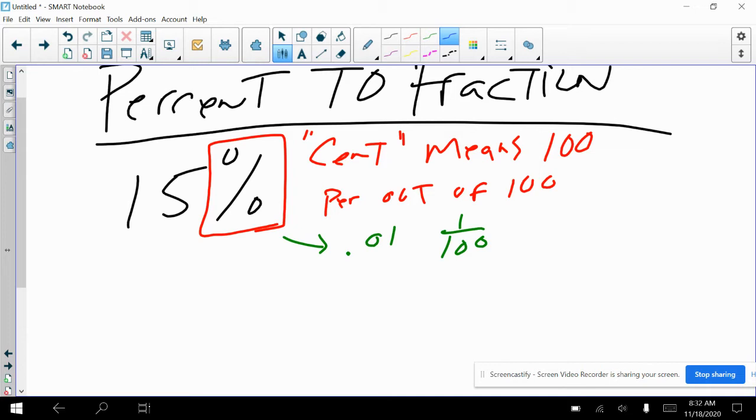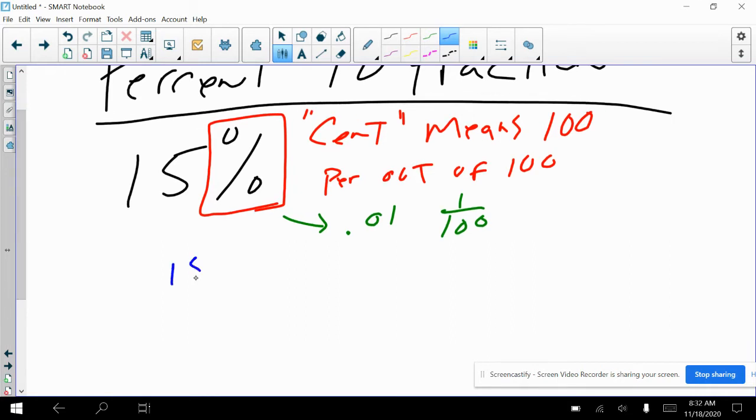I mean, they'll always work, but sometimes depending on the situation, as we go through today, you'll see one is better than the other. Okay, so we can say that this is 15 out of 100. Sure, we can. That's one easy way to do it. And of course, then we know that that's not acceptable.